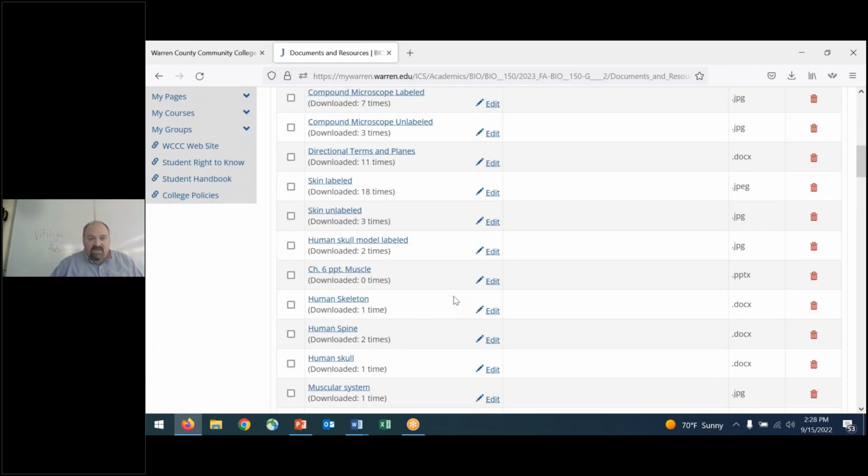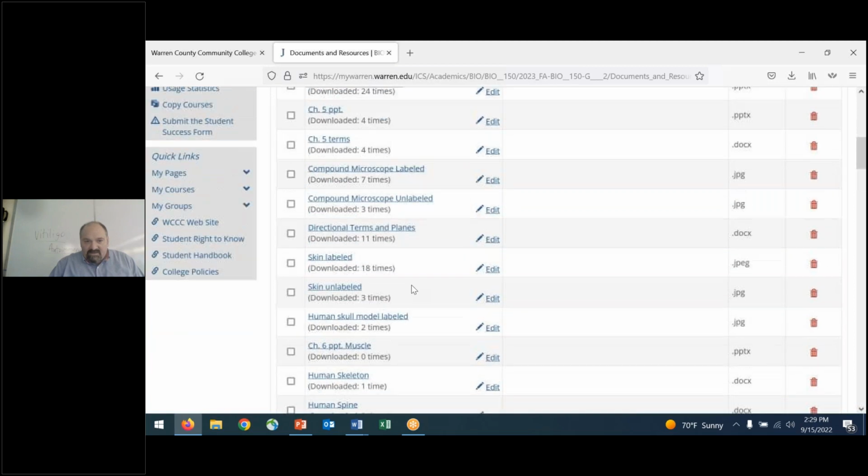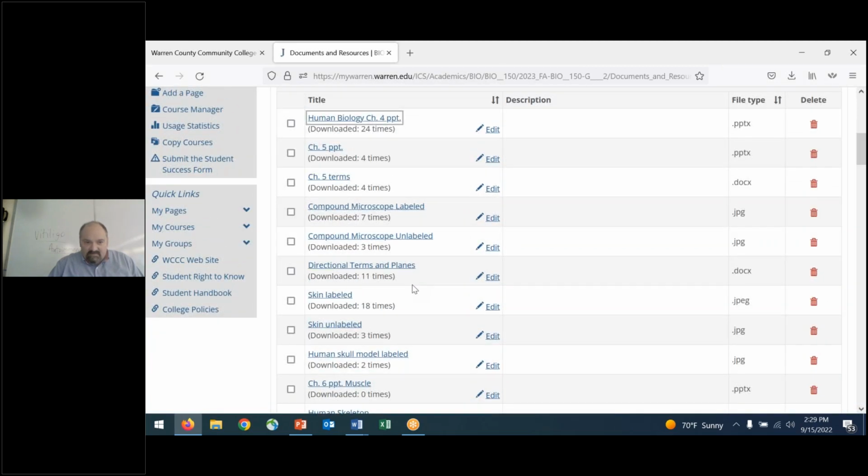So those of you online are seeing that I do have skin labeled, skin unlabeled. So you will all do the unlabeled skin. You'll label that, and I'll create another in coursework for the lab, particularly for that. Okay. There's already in coursework an assignment for the homeostasis lab.